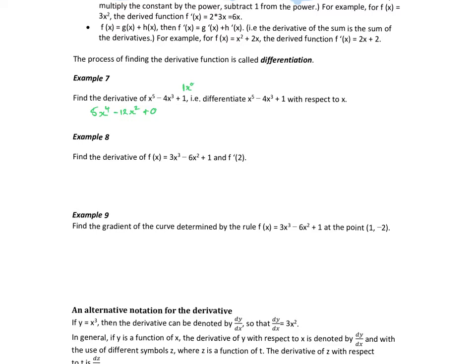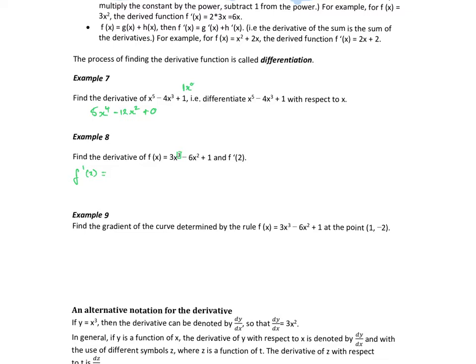Okay, so therefore we're going to say that the derivative of x to the 5 minus 4x cubed plus 1 is 5x to the 4 minus 12x squared. All right. In 8, we'll use a little bit of notation because I've got the function f of x. The derivative f dashed of x is equal to multiply by the power here, which is 3.